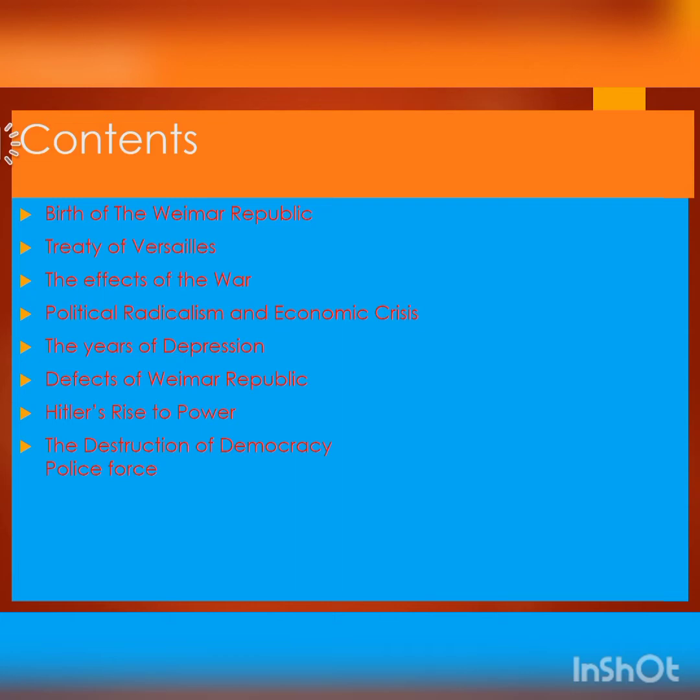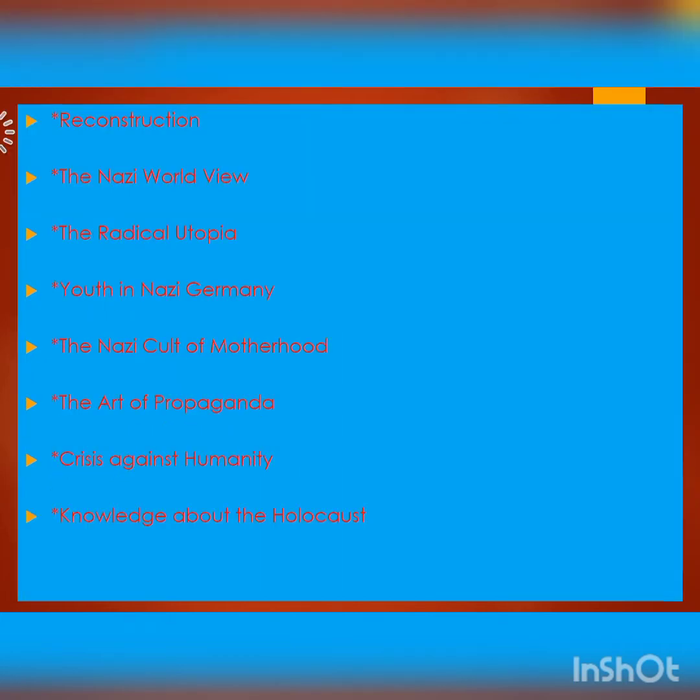Birth of the Weimar Republic, Treaty of Versailles, the effects of the war, political radicalism and economic crisis, the years of depression, defects of Weimar Republic, Hitler's rise to power, the destruction of democracy, police force, reconstruction, the Nazi world view, the radical utopia, youth in Nazi Germany, the Nazi cult of motherhood, the art of propaganda, crimes against humanity, knowledge about the Holocaust.